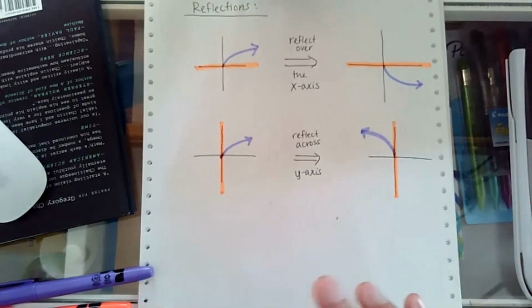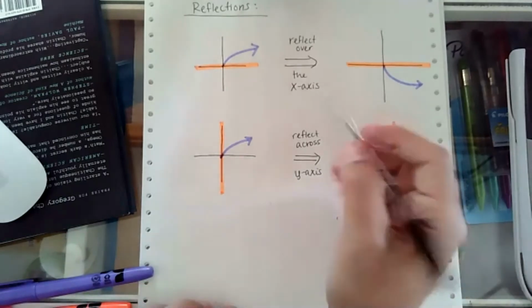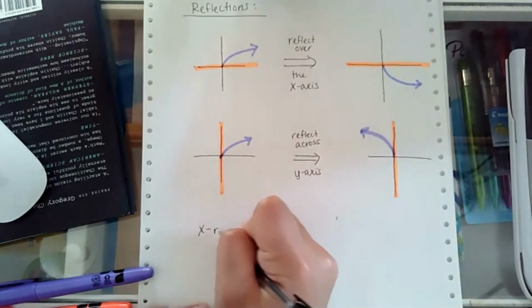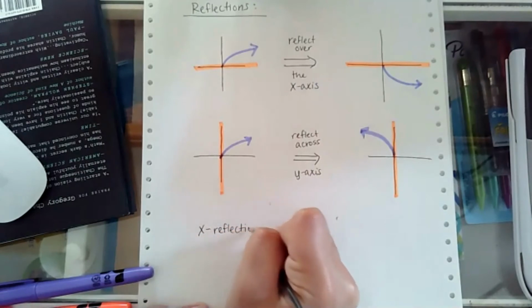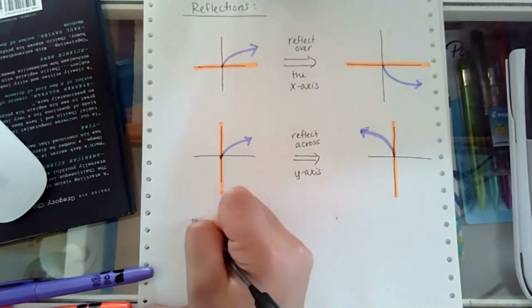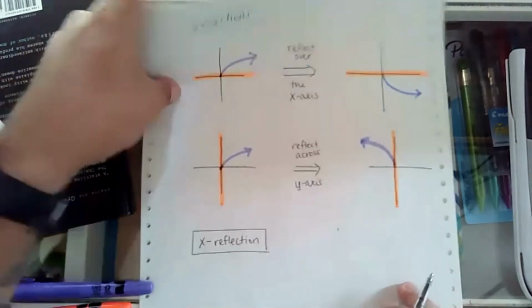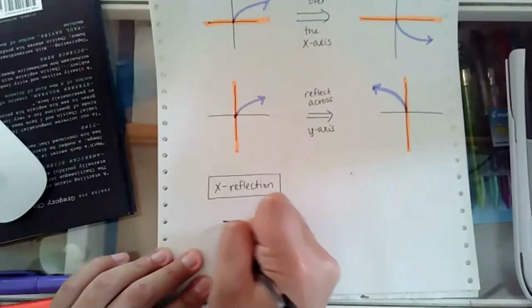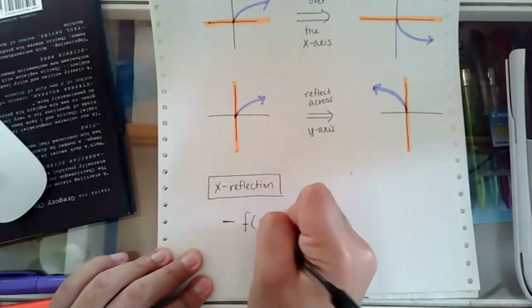So if you want to manipulate a function to reflect it across the x-axis, I'll call this an x reflection, just so that we can use that abbreviation. Then what you do is you multiply the function output values by a -1.